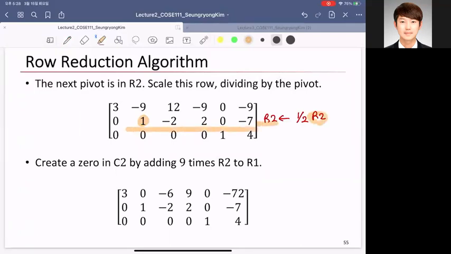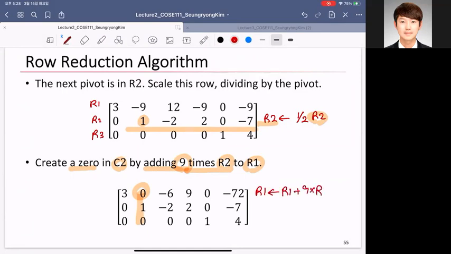And then create the 0 in column 2 here by adding 9 times R2 to R1. 그래서 어떻게 될 거냐? 이제 R1, R2, and R3라고 하면 new R1 is going to be R1 plus 9 times R2 하면은 얘가 제로가 되면서 쭉 이렇게 나오겠죠.